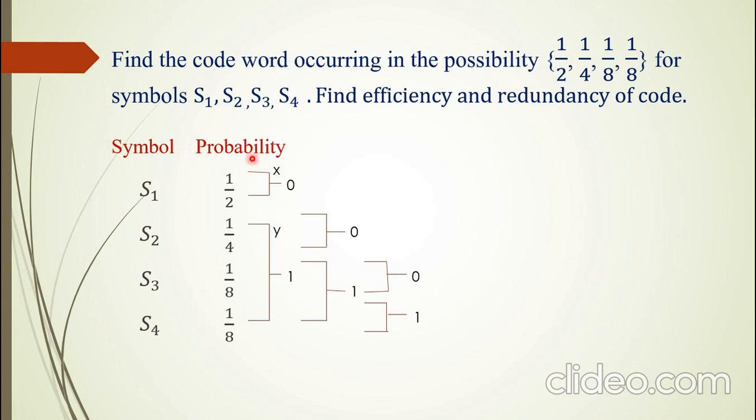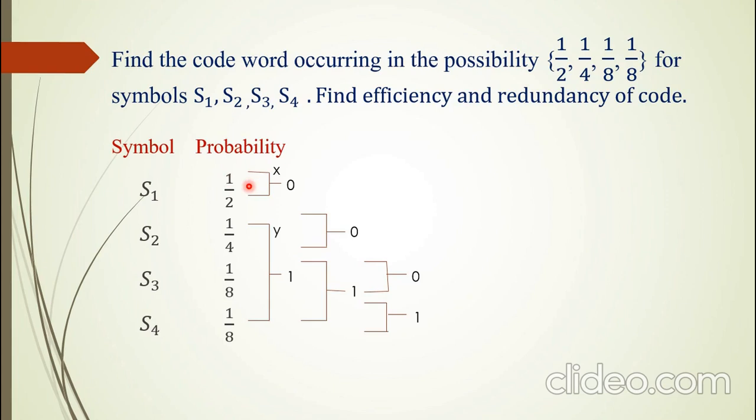So here the highest probability is 1 by 2, and the symbol of this probability is S1. Now there is symbol and there is probability.